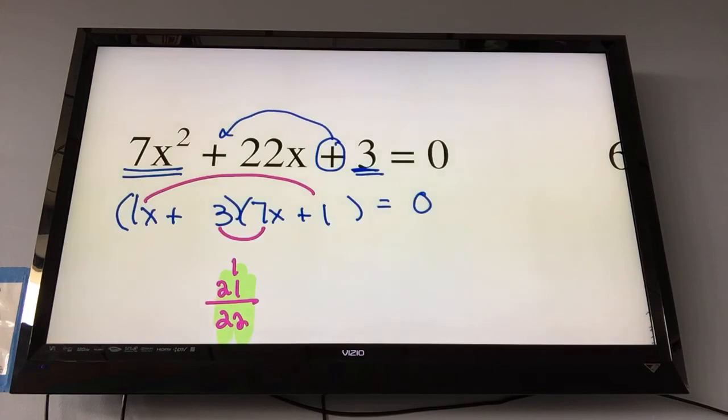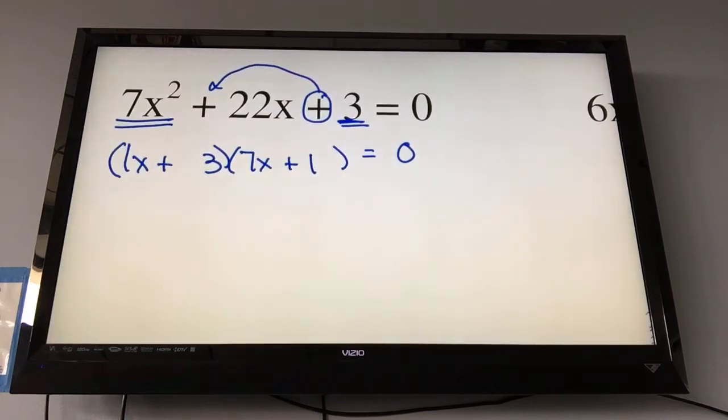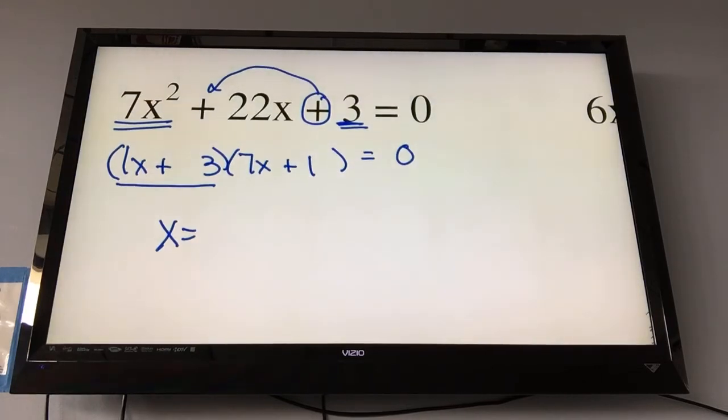Now, let's get our answers without writing the work. Let's see if we can do it. First parentheses is gonna give me what? -3/1 or just -3. Is it 1x or is it just 1? There's no x's in it.